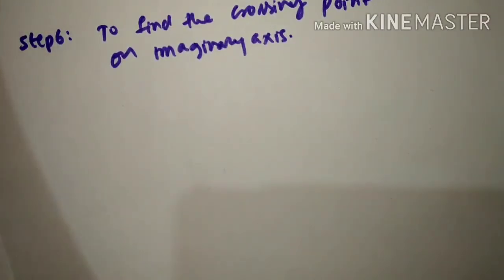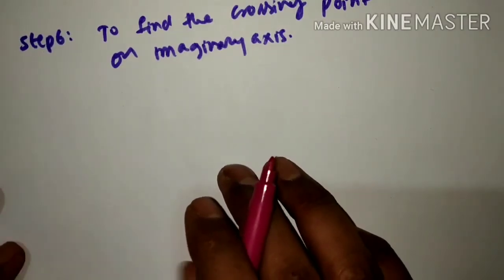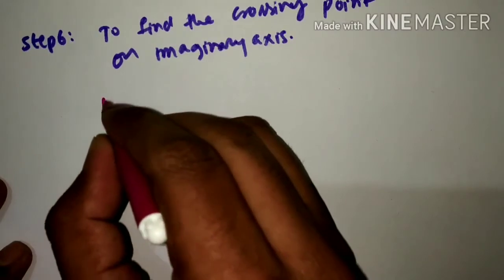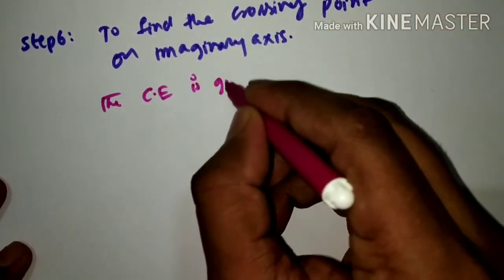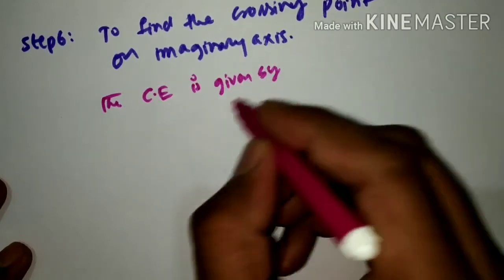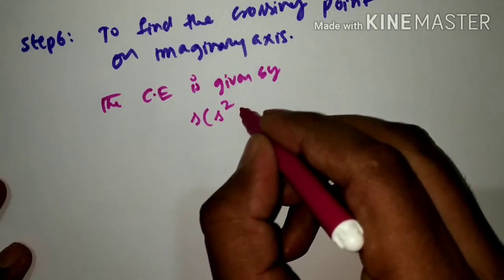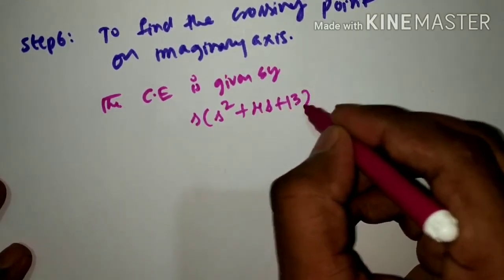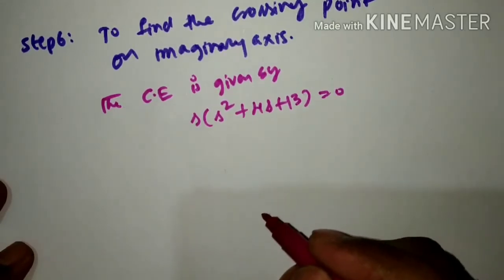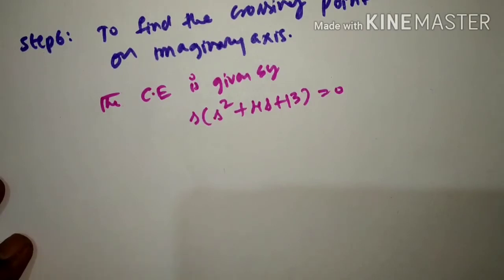So what is the characteristic equation? The characteristic equation is given by s into s square plus 4s plus 13 is equal to 0. You are finding the root locus for the closed loop system.